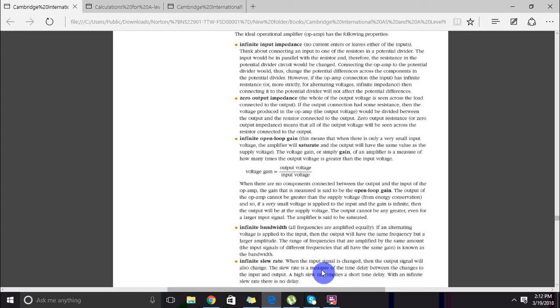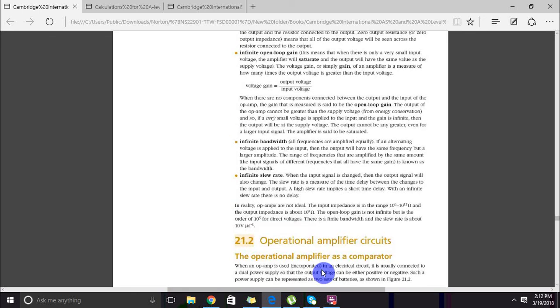So here we go. Infinite bandwidth. Bandwidth is something you probably learned about in the communications topic, and you will probably be fuddled about it as much as you are going to be now.